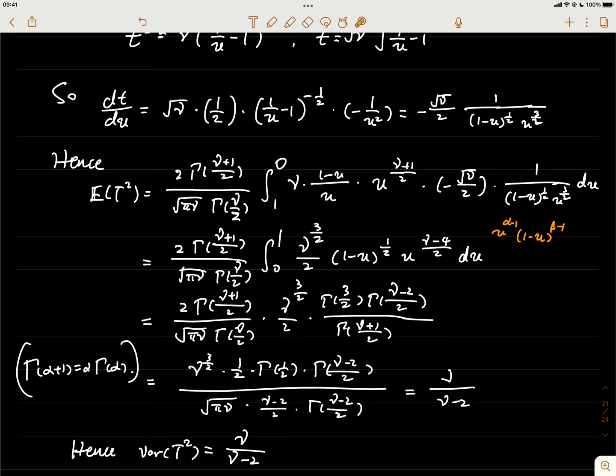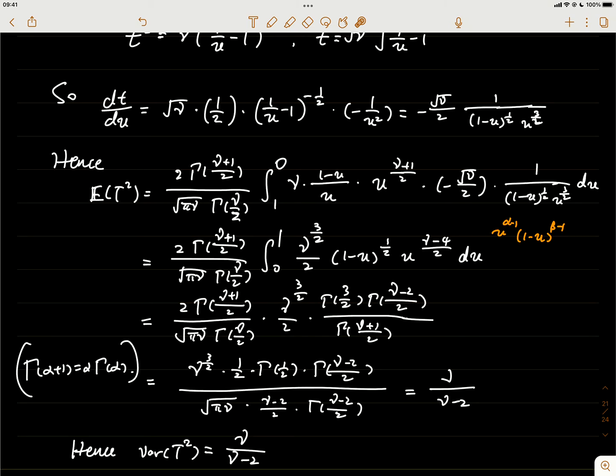The reason is that the gamma function has a very elegant property: for any positive alpha, gamma of alpha plus 1 is equal to alpha times gamma of alpha. So here this is just 1/2 times gamma of 1/2, because you can treat 3/2 as 1/2 plus 1. So you have this replaced with this.